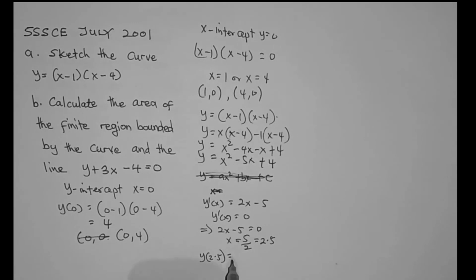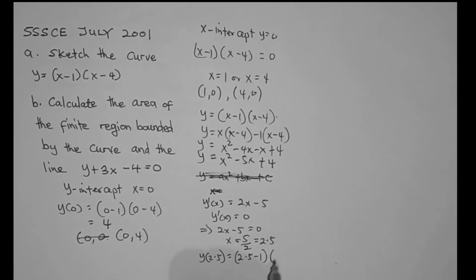It's equal to (2.5 minus 1) times (2.5 minus 4). So 2.5 minus 1 is 1.5, times 2.5 minus 4 is minus 1.5.